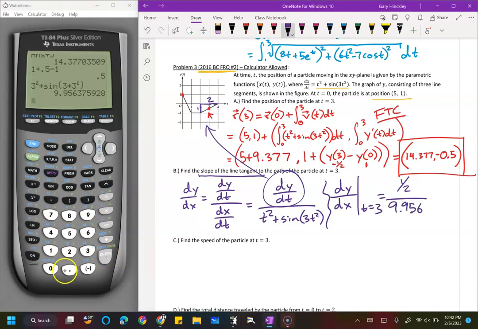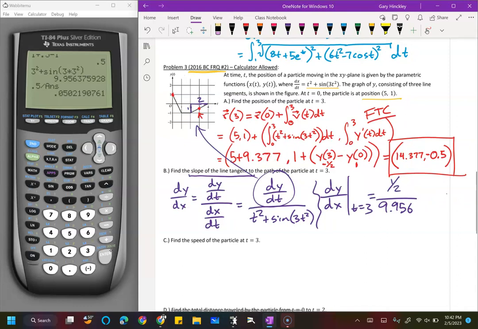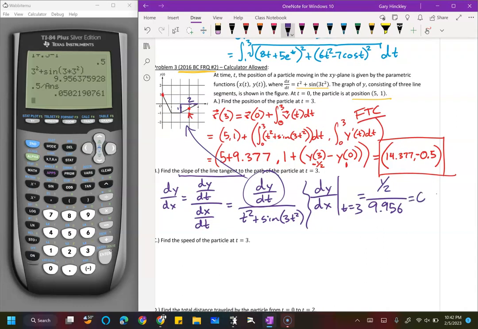We divide that, so 0.5 divided by our answer there, and we get the slope of the line should be 0.050. Oh, let me rewrite that. I wrote that incorrectly. 0.050.